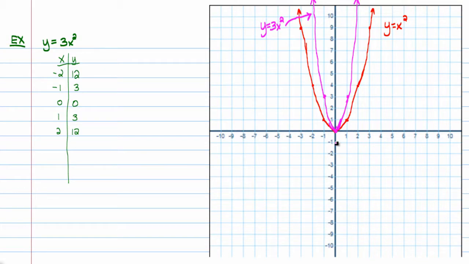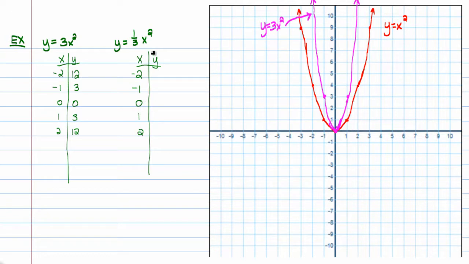Everything's 3 times higher. The same thing is actually true if I had originally asked to graph y equals 1/3 x squared. If I asked you to graph that, you would again just build a nice little table, x and y's, and I would still do the same values here.